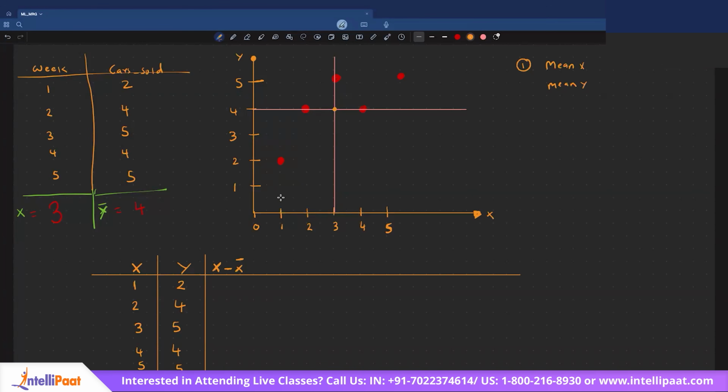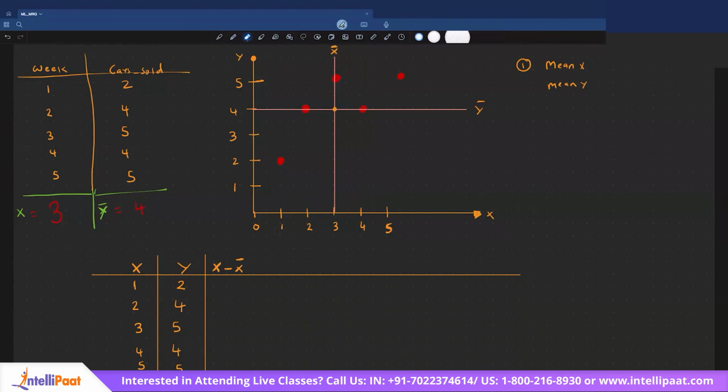Is this number 1 called the x value and this is the x bar? This point is called x bar and this point is called y bar, yes or no? So basically, aren't you calculating that 1 is deviating from 3 by how much? 2 is deviating from 3 by how much? 4 is deviating from 3 and 5 is deviating from 3 by how much? Are you calculating this exactly?